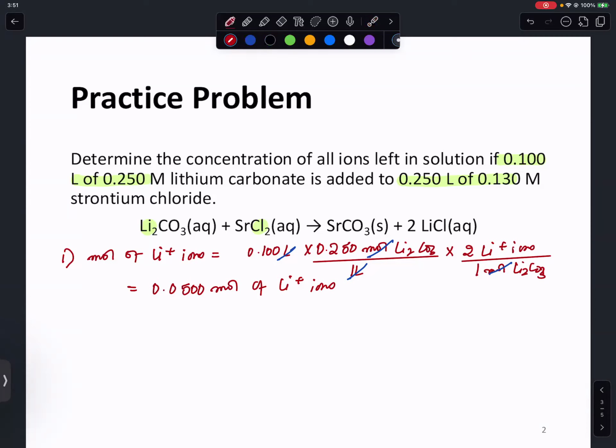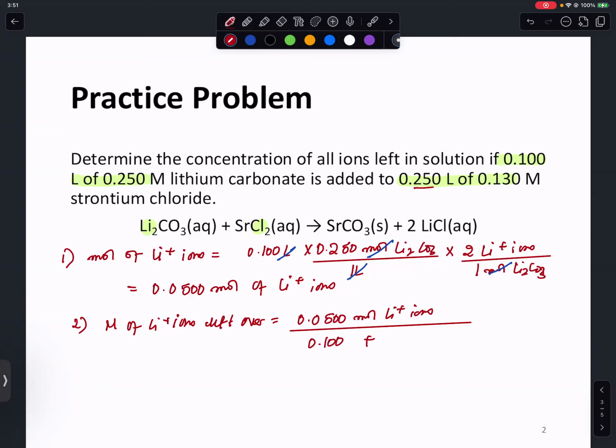So the second step: the molarity of lithium ions left over will be the 0.0500 moles of lithium ions divided by 0.100 plus 0.250 liters, which are given in the question.